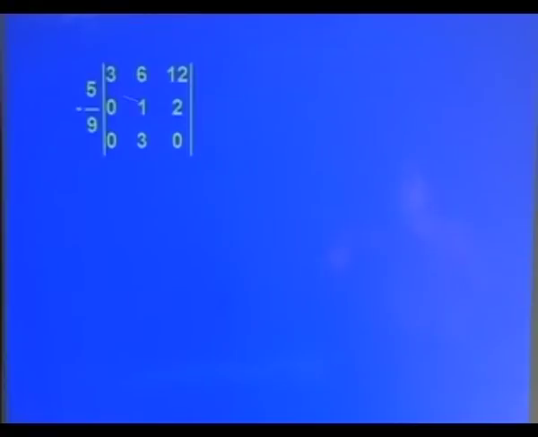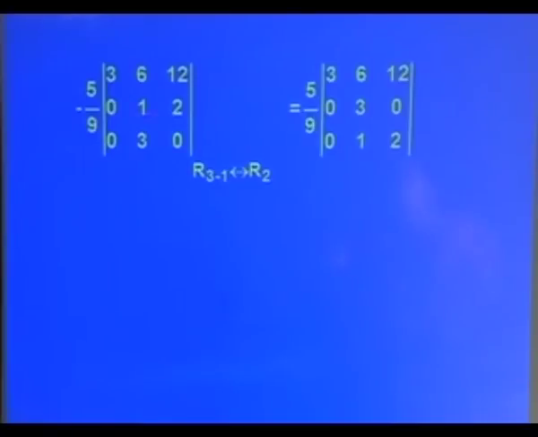It is close to a triangular matrix, but there are still certain terms that keep it from being triangular. So I am interchanging two rows now. So 1 and 2 will be here, and 0, 3, 0 is appearing here. Since I am interchanging two rows, the minus sign will be absorbed here.